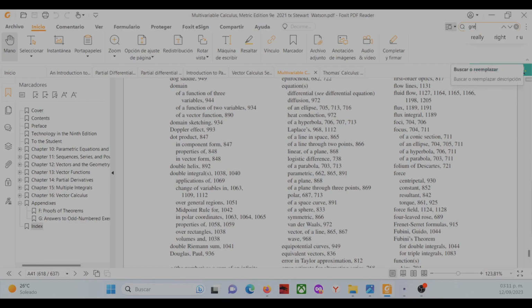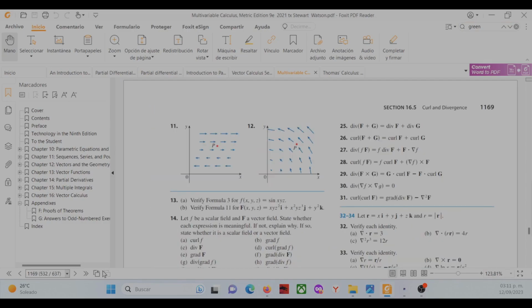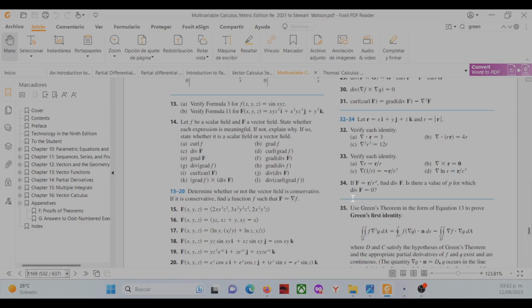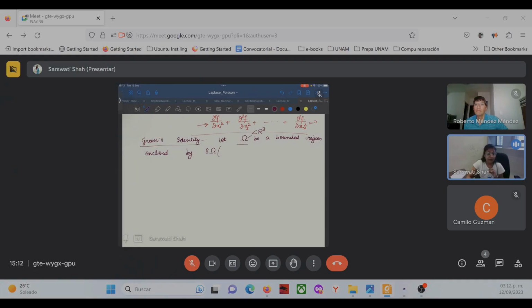If omega is a bounded region in R3, then delta omega is going to be its closed surface, because the domain is bounded, so you can define its surface, and that will be the boundary of this bounded region.